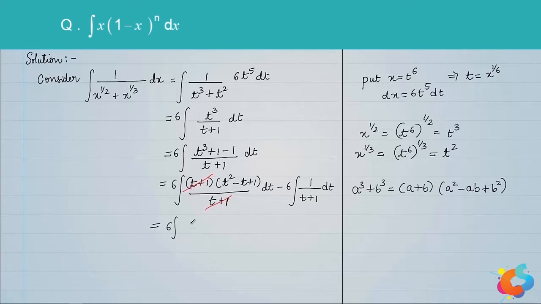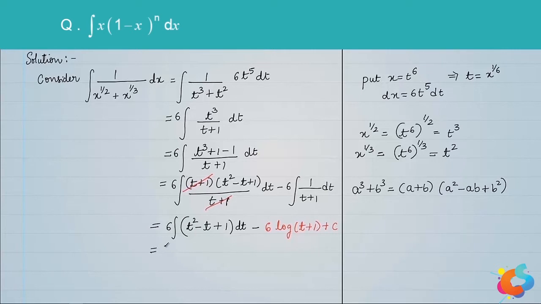6 times integration of t square minus t plus 1, minus integration of 1 by t plus 1 is log of t plus 1. So this is 6 times log of t plus 1 followed by the constant c. So we need to integrate the first term now.